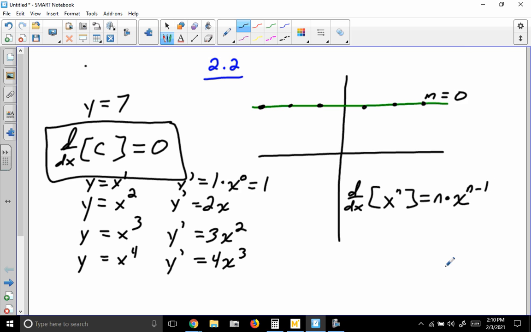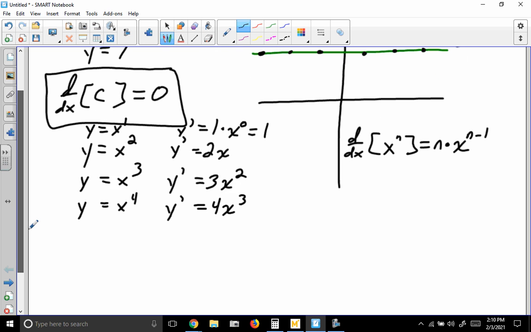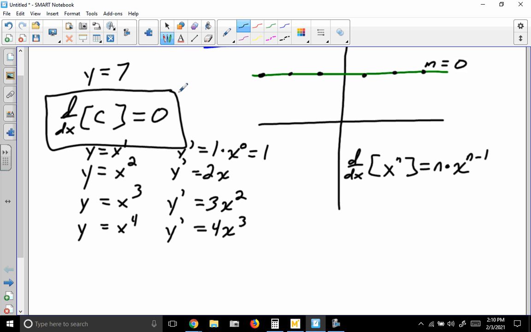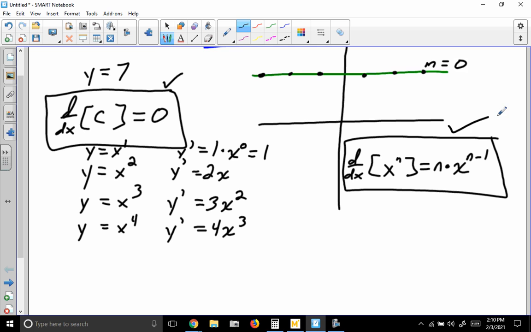So that'll give us the derivative when we have a power. Now, as we go farther, we're going to get into what happens if we have variables multiplied together or variables divided, things like that. But for right now, we're going to be pretty limited. So we have the derivative of a constant by itself, the derivative of our variable to a power.